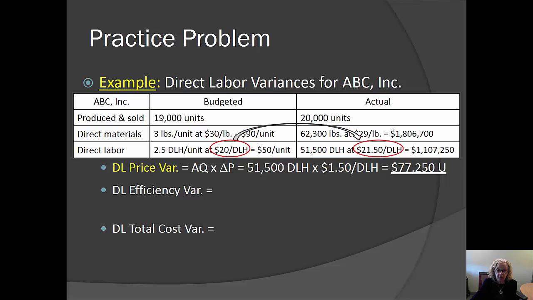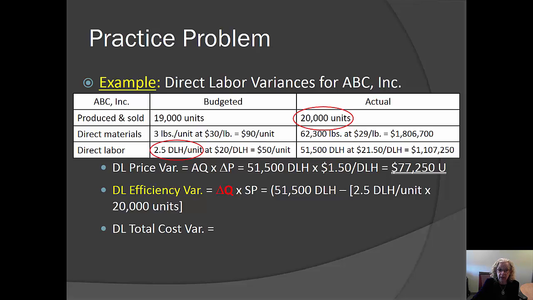What about the efficiency variance? The formula is the difference in quantity between how much we expected to use and how much we actually used, but at the standard price. So, how much difference is there in quantity? We know the actual quantity because it was given to us, but we need to compute the standard quantity.